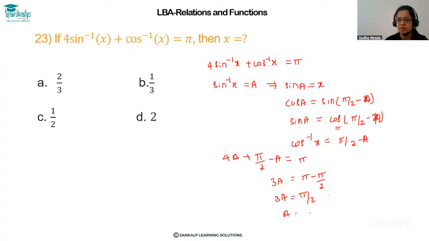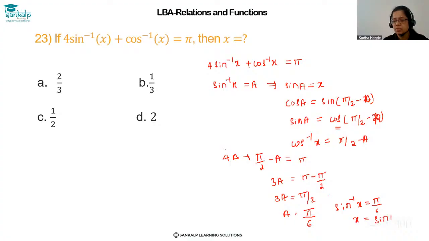What is A? It is sin inverse x. So A is sin inverse x. Therefore, sin inverse x is equal to pi by 6, or x is equal to sin pi by 6.